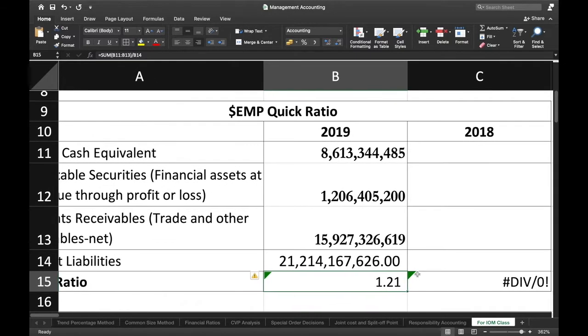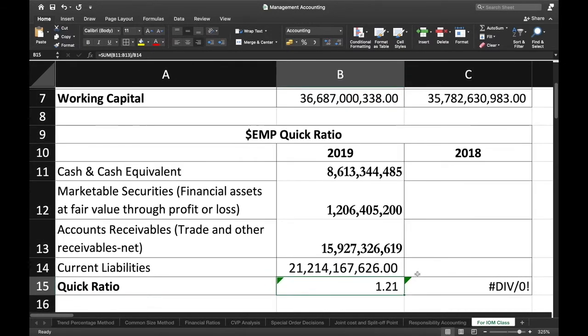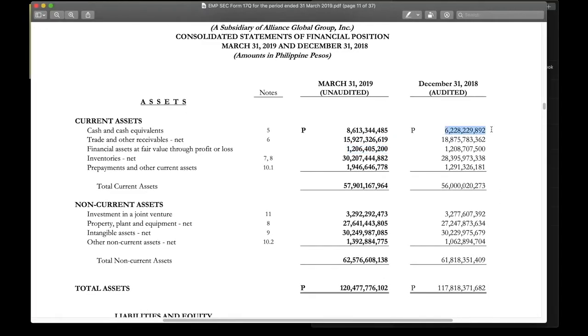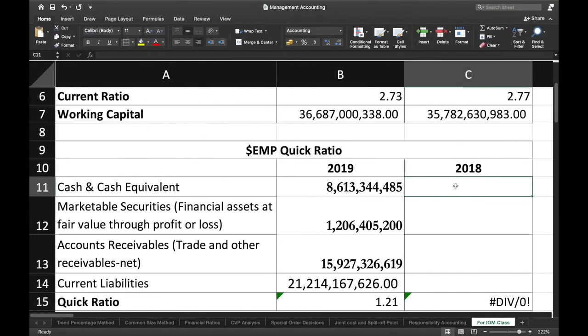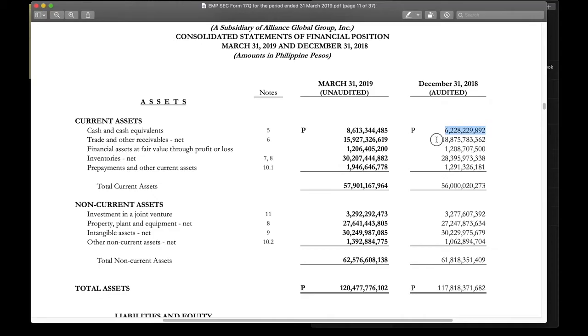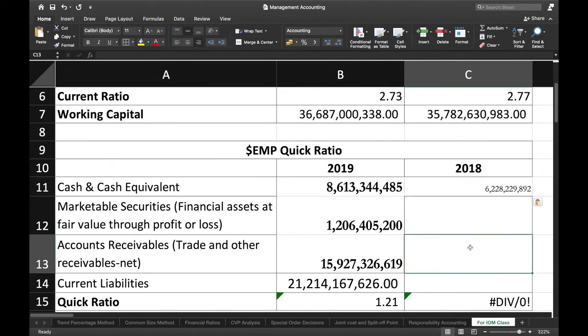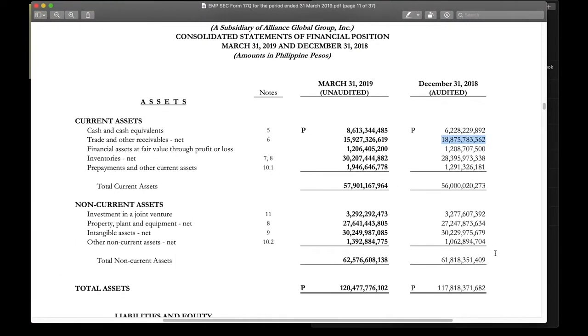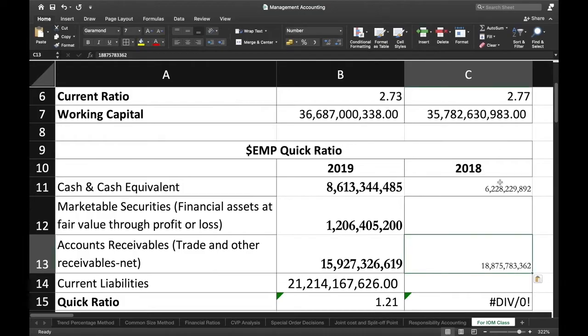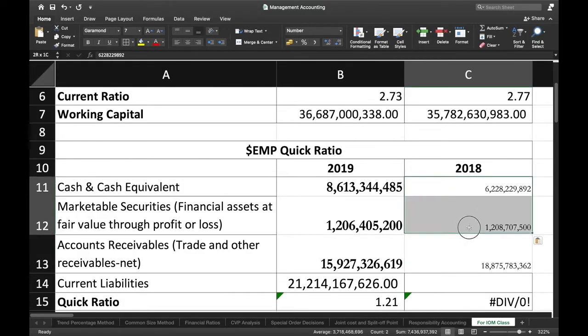For the year 2018, same process, copy-paste. So, let's copy this for the year 2018. Okay. Trade and other receivables net. Here. And this one. Financial assets or the marketable securities. Paste.